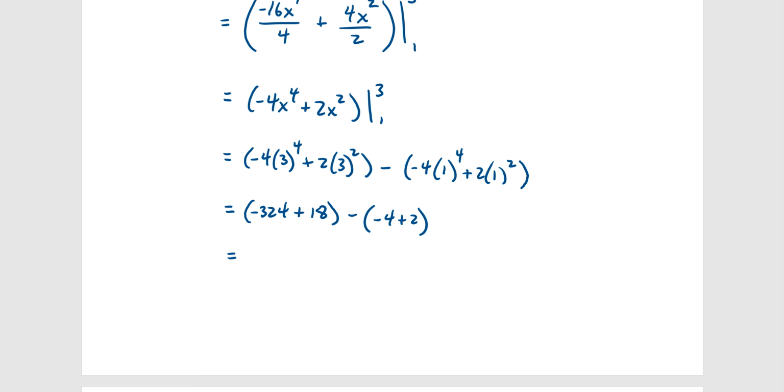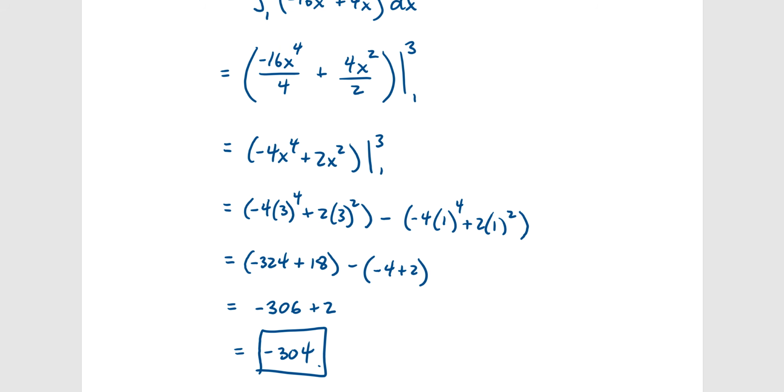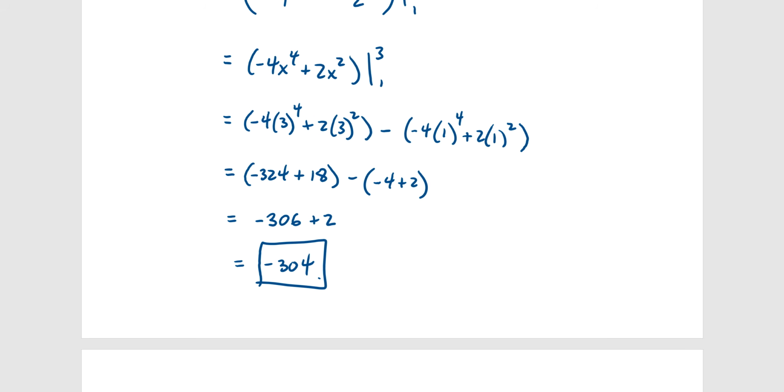So this gives us negative 306 minus a negative 2, which is plus 2. So we get negative 304. Okay, so a little bit longer, just using those properties, combining it into one integral and making it a little bit easier for us.